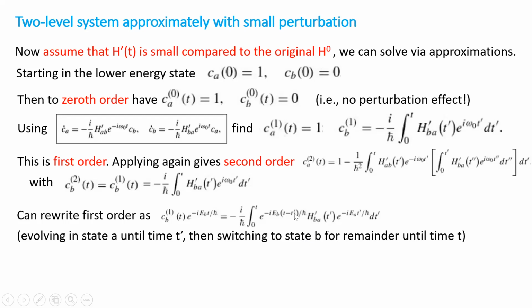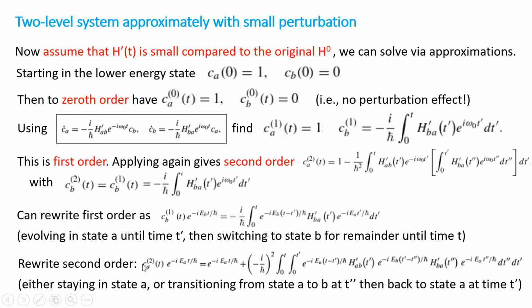And then from t prime to t, it evolves in state B. Then we integrate over all possible times t prime that it might switch from A to B. So that's an interesting interpretation of this first order transition of probability into Cb: the switch from A to B can happen at a succession of times anywhere from 0 to t, and this is how we add it up.